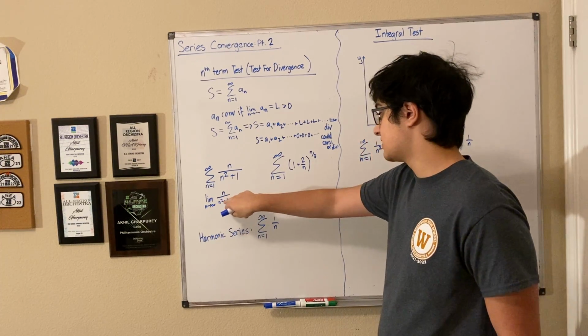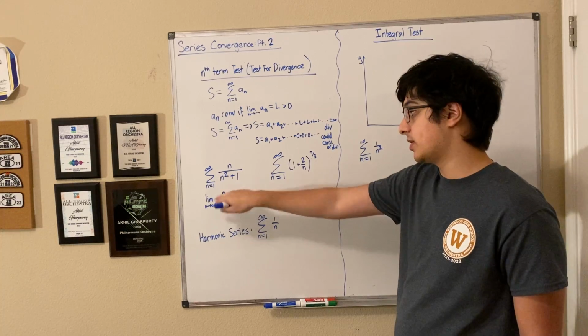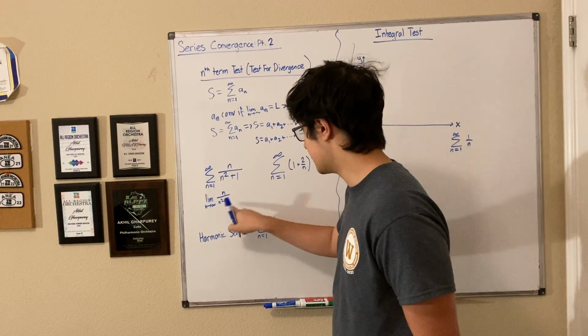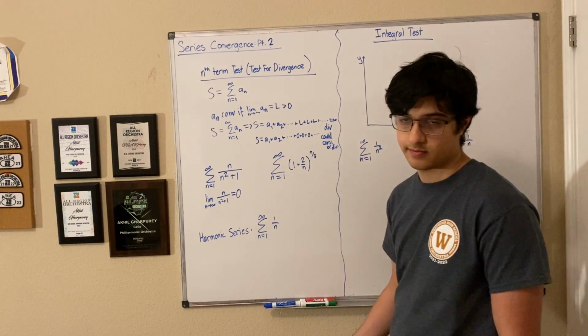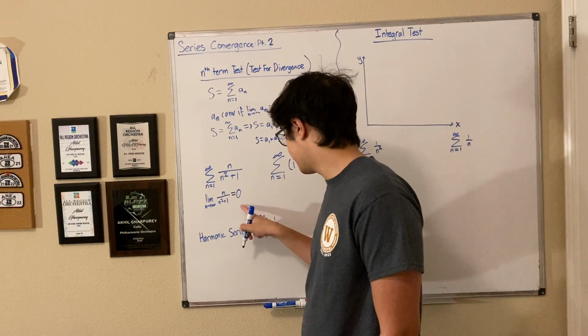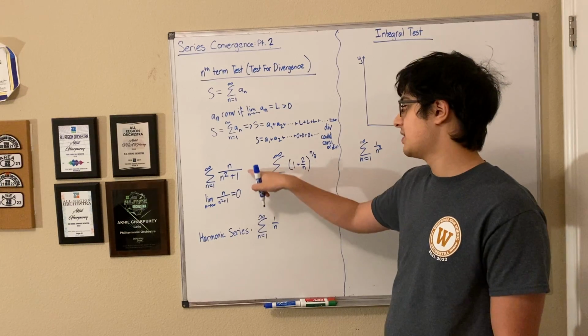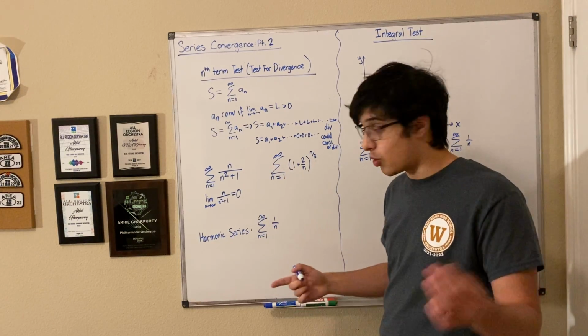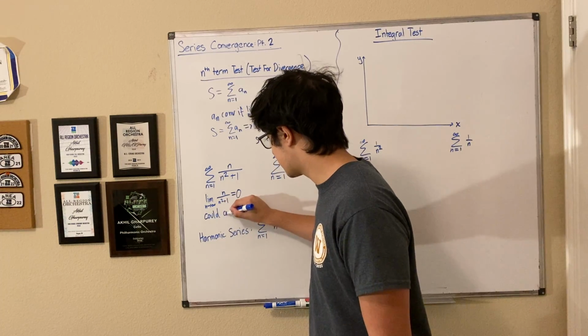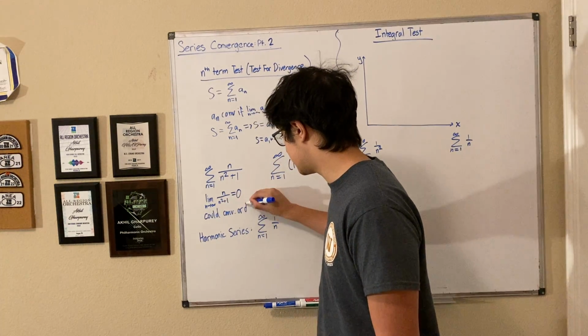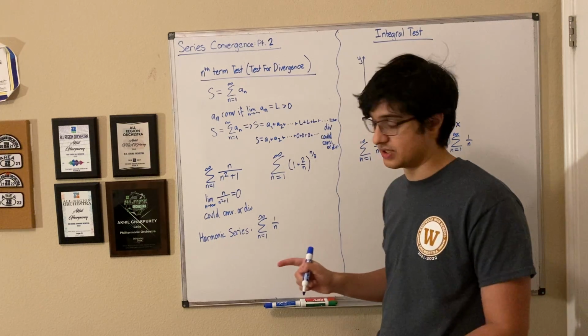So, since n squared has a higher degree than n, and it's on the denominator, this will increase faster than this. So, this limit is just 0. Alright? So, since this limit is 0, this series could either converge or diverge. That means that this test is inconclusive.